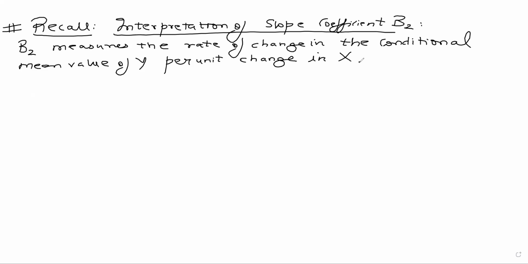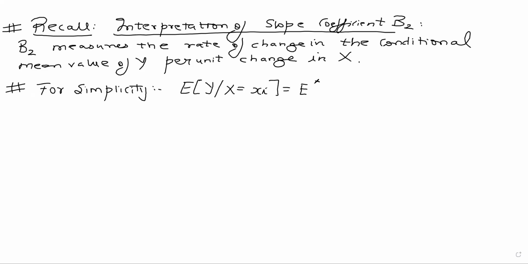Okay, and for simplicity, if you can recall, we had done this in the previous lecture: throughout the entire linear regression lectures, I will be writing expected value of y given x equal to xi as expected value of y. So the population regression function will give me the conditional mean value of y.